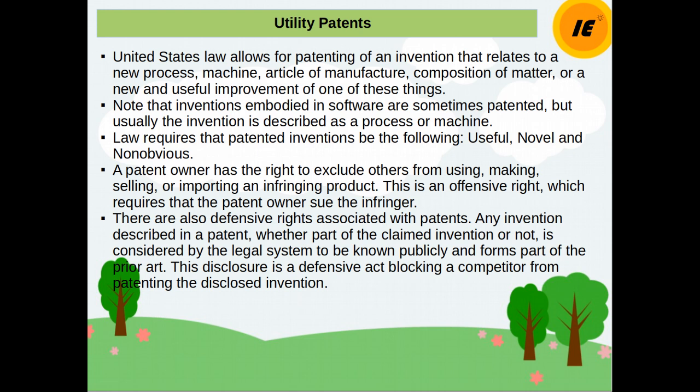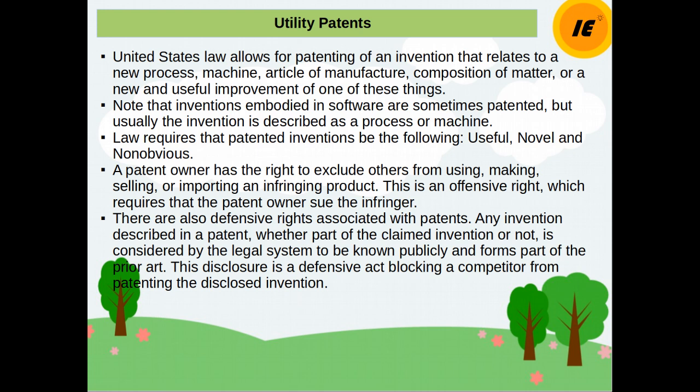First of all, patent law is a little bit different in every country. Right now the general information we are discussing is related to US patent law, because the book is written by a United States author.